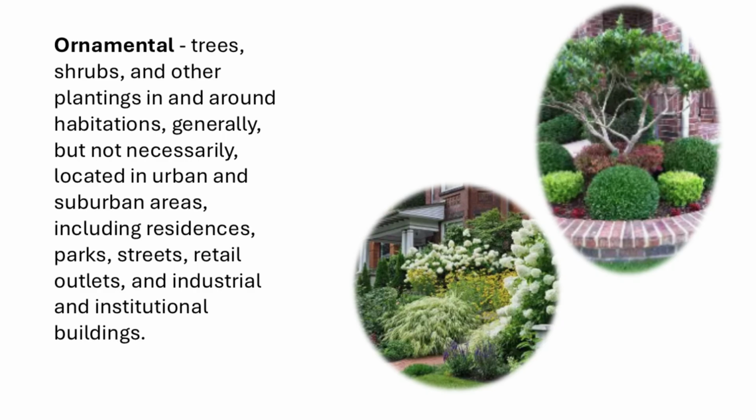Ornamental. Trees, shrubs, and other plantings in and around habitations, generally, but not necessarily, located in urban and suburban areas, including residences, parks, streets, retail outlets, and industrial and institutional buildings.